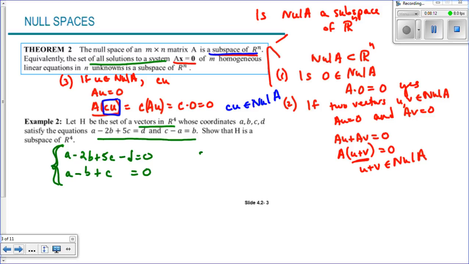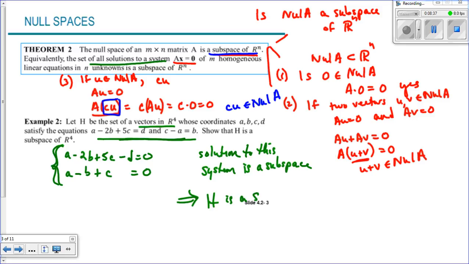So the solution to this system is a subspace. But the solution to this system is the set of all vectors whose coordinates satisfy this. So that means then that H is a subspace. So H will be a subspace if we can see it as the set of all vectors that satisfy a system of equations.